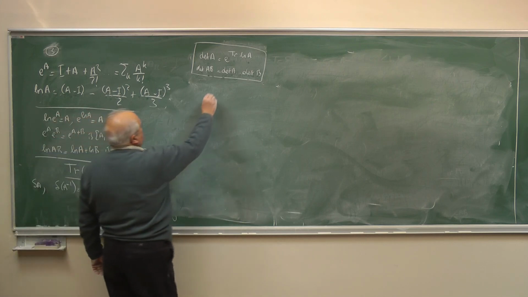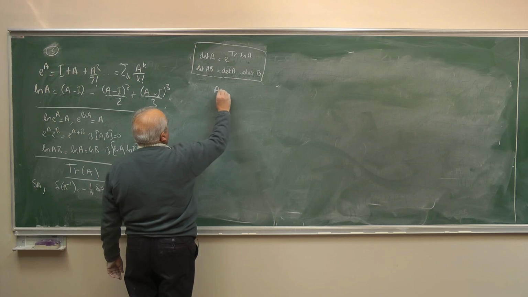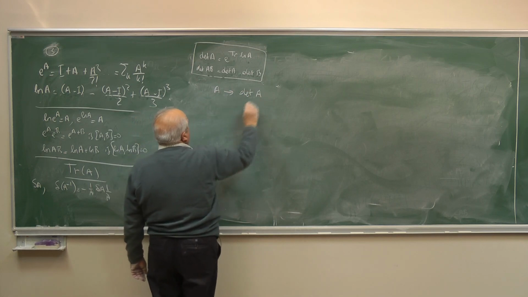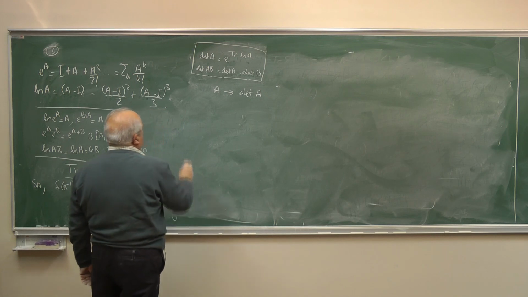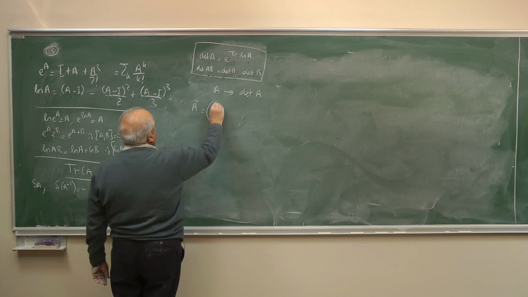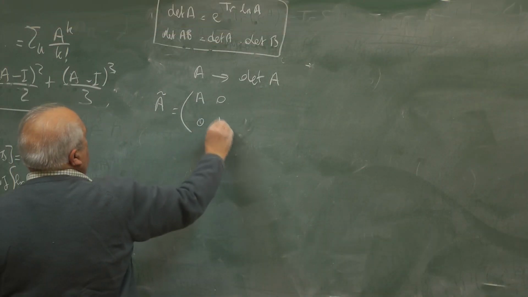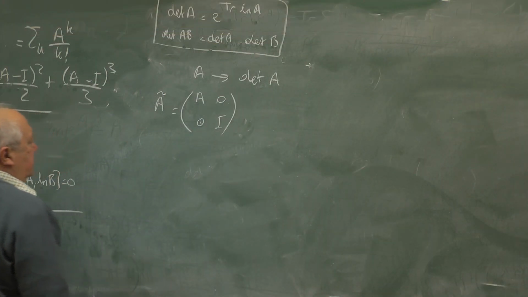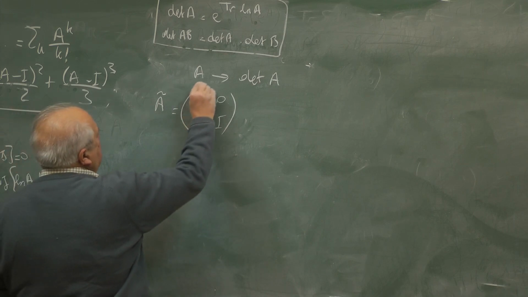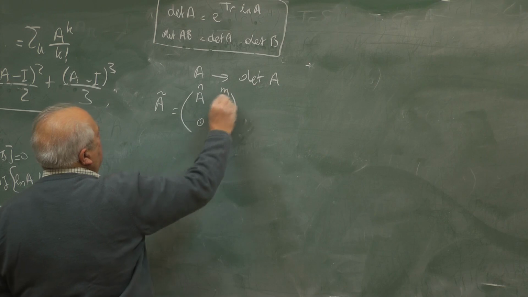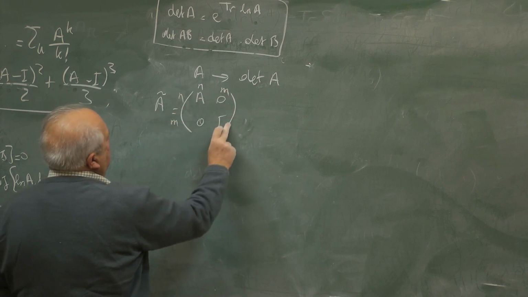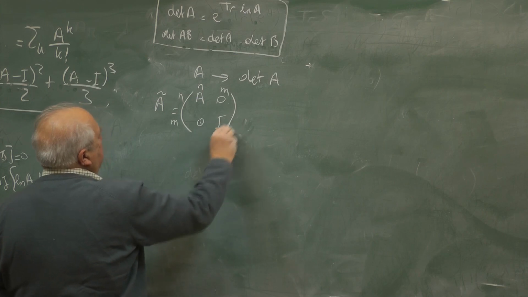Now, suppose we have the matrix A, and corresponding to it we have the determinant A. Suppose I define A tilde, which is A, 0, 0, I, where A is n by n, and I is the m by m unit matrix I_m.